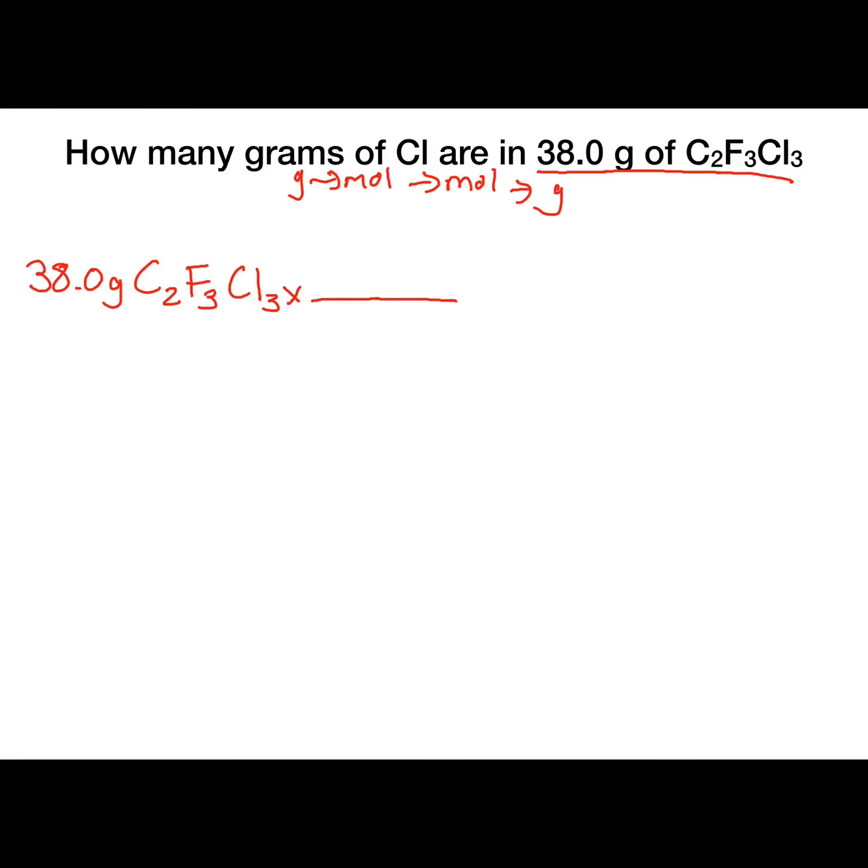Okay, so we start off with 38.0 grams. Now we need to find out the formula mass for this compound. So in order to do that, we need to do 2 times our mass of carbon, which is 12.01, plus 3 times our mass of fluorine, which is 19.00, plus 3 times our mass of chlorine, which is 35.45.